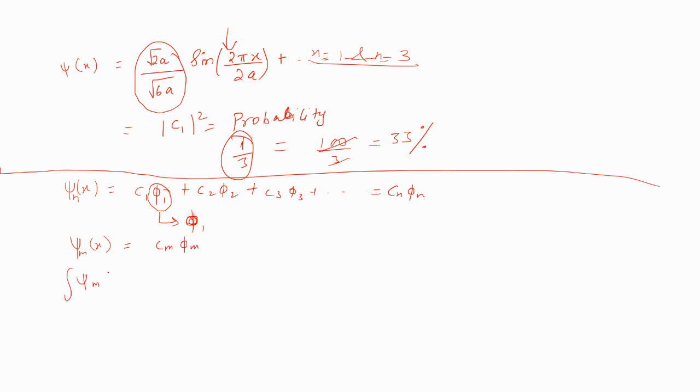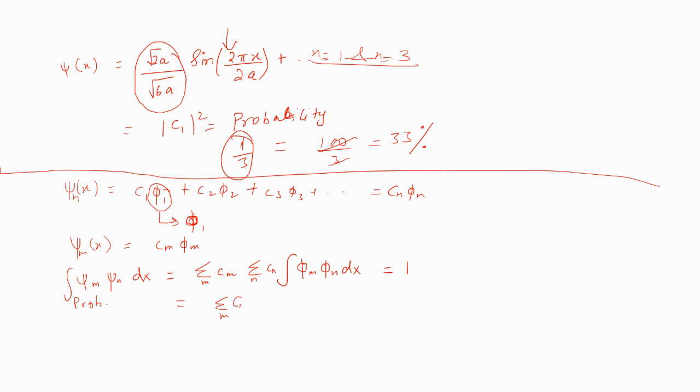Now do this. You will get cm cn, integral of phi m phi n dx is equal to 1, because the probability of finding it in all the space is 1.